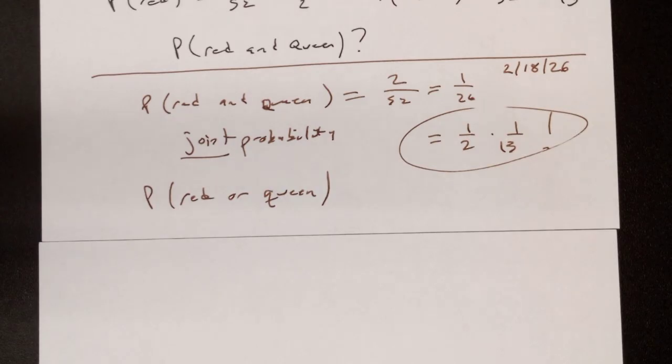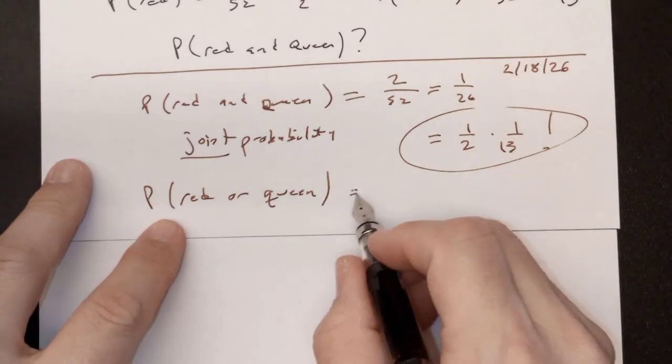Because you have all the reds, including queens and black. Aha. I have to think of what else is being done here, right? There are 26 red cards. There are 4 queens, but I've double counted something, haven't I? The 2 red queens are in both piles. I can't do that.